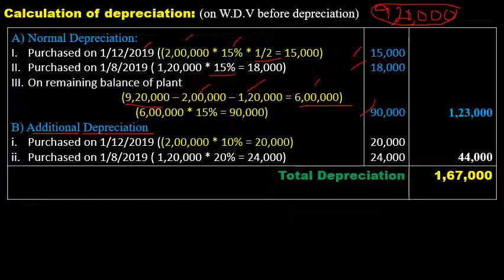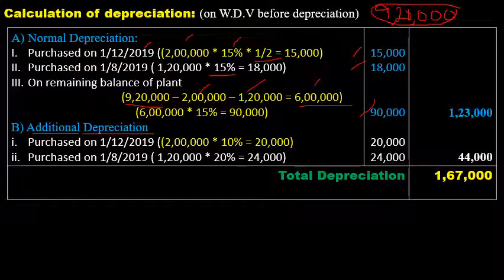So in this case also there are two purchases in the previous year. This is a category of machinery, block of machinery, plant and machinery. So here there are two purchases in the previous year. Therefore you have to calculate additional depreciation. Normal depreciation is common for all other assets.